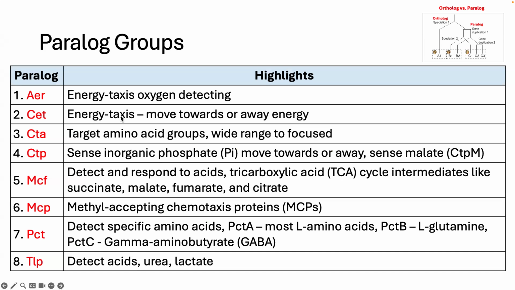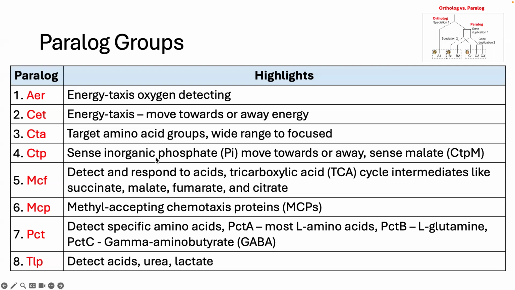Cet is also an energy taxis, and it gives the bacteria the insight to be able to move towards or away from energy sources of one kind or another. Cta targets amino acid groups, anywhere from a wide range of amino acids to more focused. And so that's what we see in that paralog group.